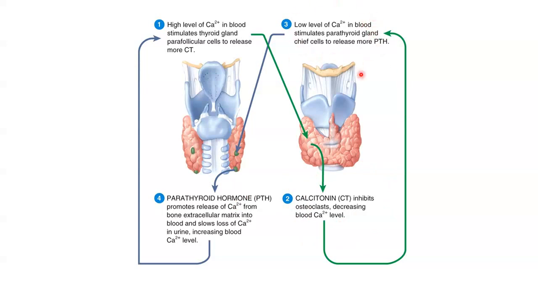When we have too low blood calcium levels, we release our parathyroid hormone. The parathyroid hormone then promotes the release of calcium from that bone extracellular matrix, as well as the reabsorption of calcium in our kidneys. So calcitonin and parathyroid hormone, they kind of work as opposites. Silly way that I always remember which does which is that P for parathyroid hormone puts the calcium back into the blood.